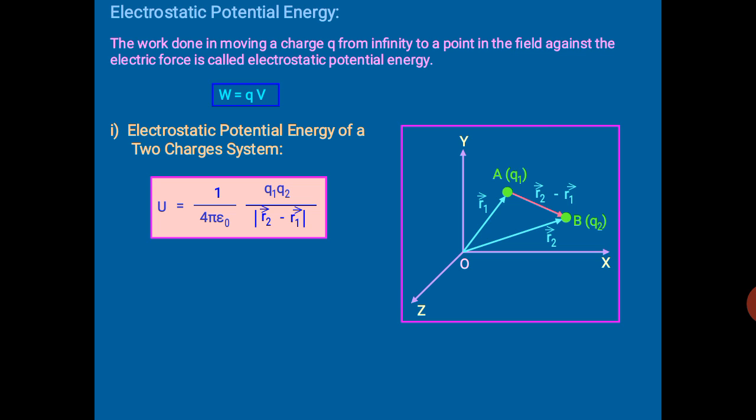Okay, that is V. And work done is Q into V. And here we are keeping the charge Q2 at B, so that is Q2 into V. So V we have already calculated. By substituting this, we can say 1 by 4 pi epsilon naught, Q1 into Q2 divided by AB. Clear? And here R12 is AB. This is the potential energy due to two charges.